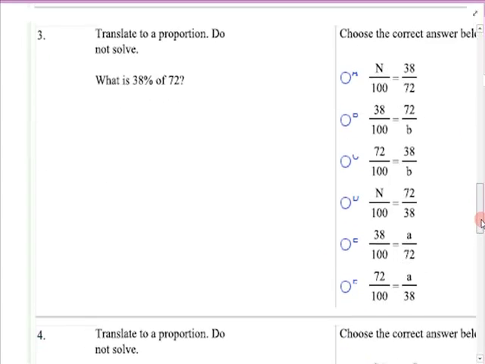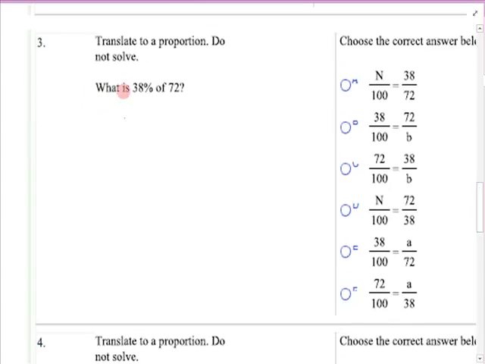Let's look at another one. We want is over of equals percent over 100. All right, what is 38% of 72? What is? Means I don't know the is. 38%, 38 goes over here.